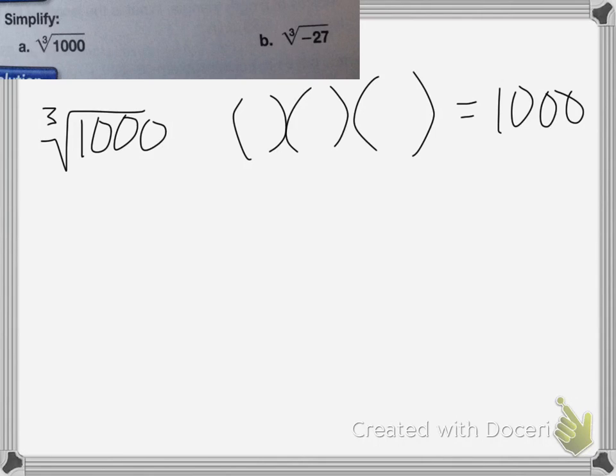I have to figure out what 3 numbers that are the same multiplied together equal 1,000. In this case it's going to be 10, because 10 times 10 times 10 equals 1,000. So the cube root of 1,000 is equal to 10.